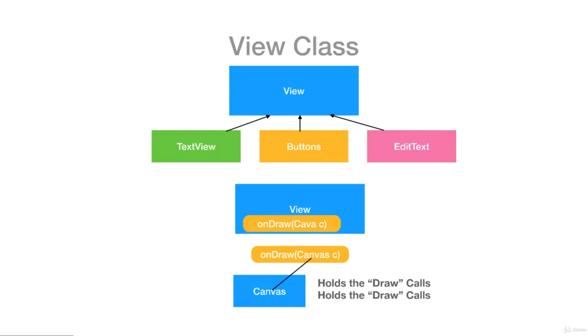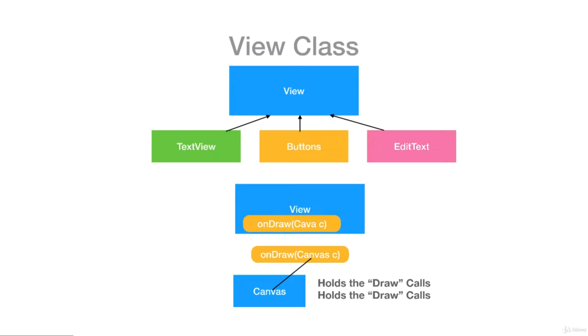And we can also override onDraw, so we can actually draw ourselves whatever we want to put onto the screen. So this onDraw method is always called when we are drawing or putting things onto the screen. If we want to customize whatever is being drawn onto the screen, we can put that code inside of this onDraw method.